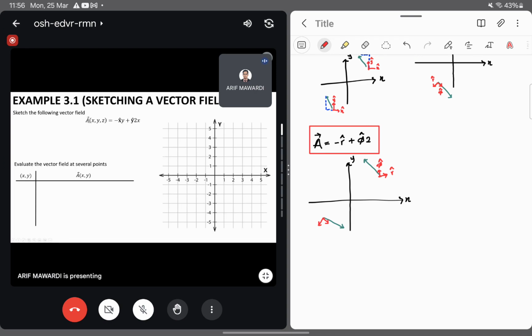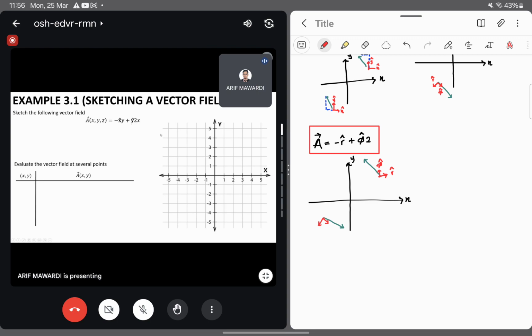I repeat, this is the expression for my vector field, and it depends on the coordinate variables y and x. Therefore, at different locations in space my vector will look different. Why? Because this vector field depends on location.